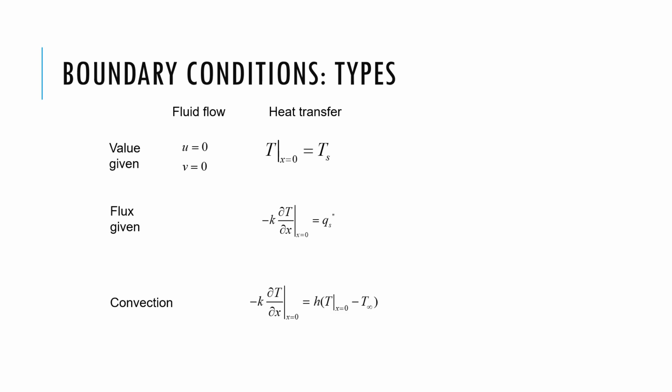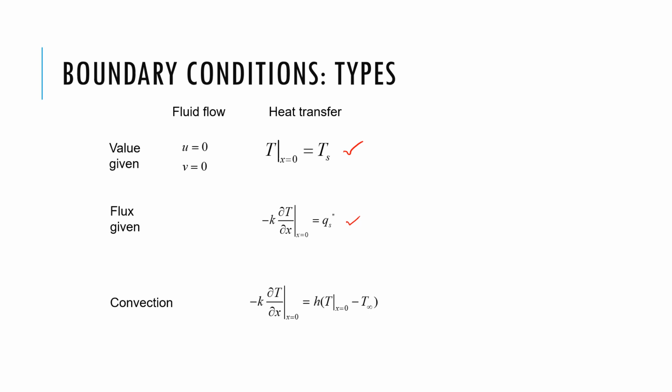One is the value given, in this case temperature given, and then the other possibility is heat flux given, like if you have the food on a grill, so then we know the radiative flux coming in.